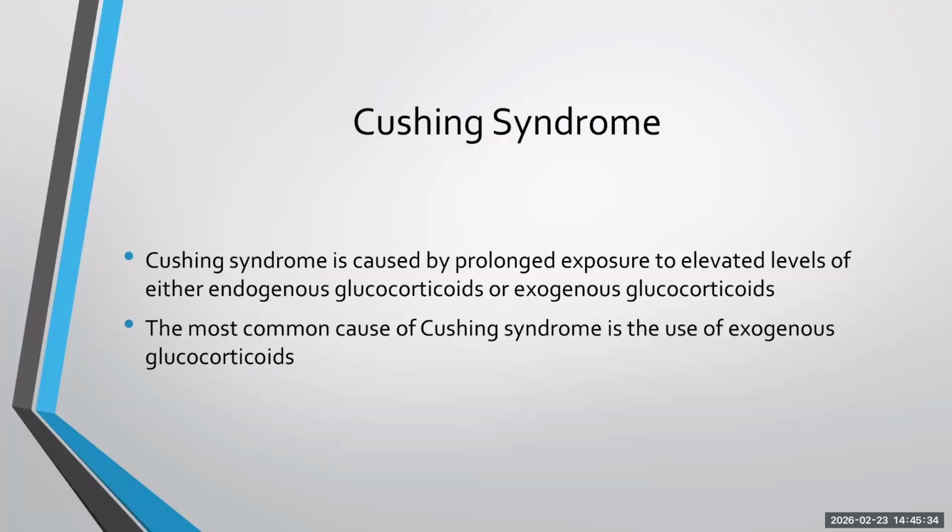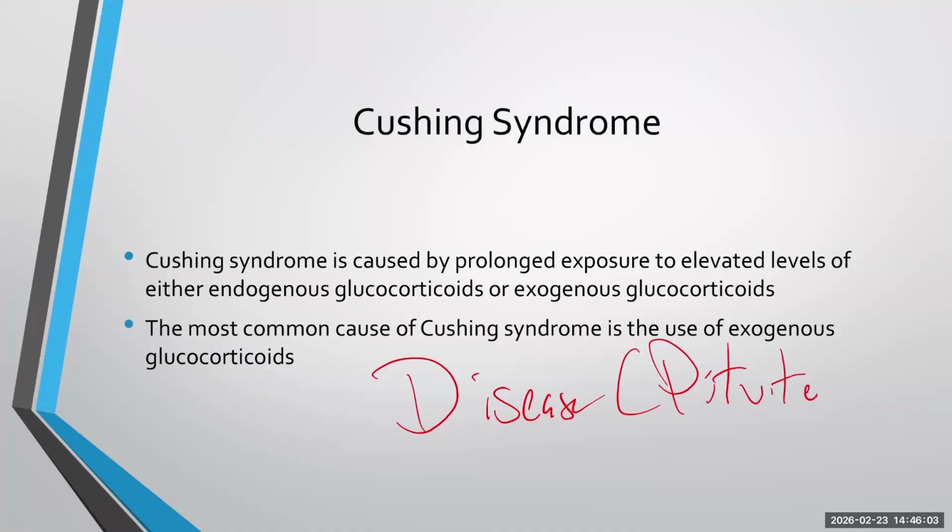Cushing's syndrome, we're not going to spend any time on it. We have a whole lecture just on adrenals that we'll deal with next week. Just remember that I bring it up here. Why do I bring up Cushing's syndrome in the pituitary lecture? ACTH. And remember that Cushing's syndrome is an umbrella term that encompasses a bunch of different ones. Cushing's disease is the disease of the pituitary gland itself.